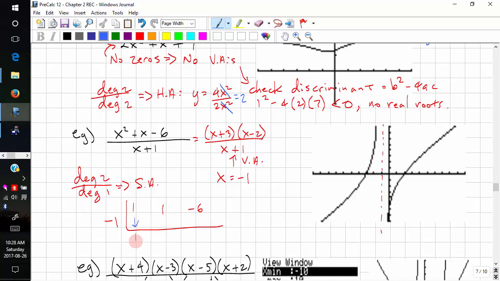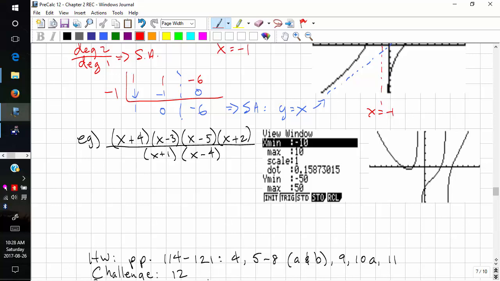Bring down the 1, multiply, -1, this is 0, multiply 0, our remainder is -6. But our slant asymptote, y equals x. So we have y equals x, and that's y equals x. And here we have x equals -1.